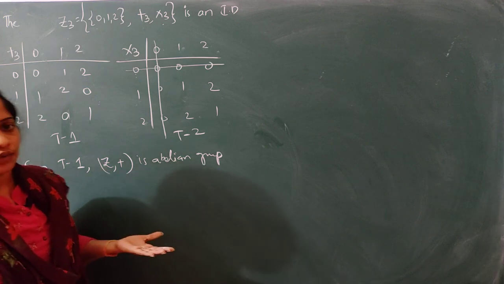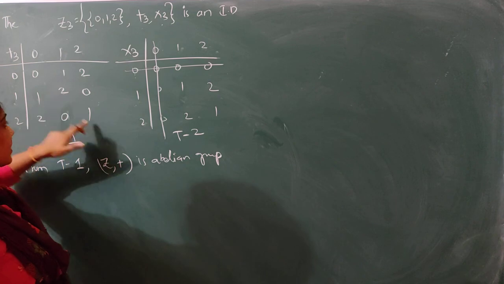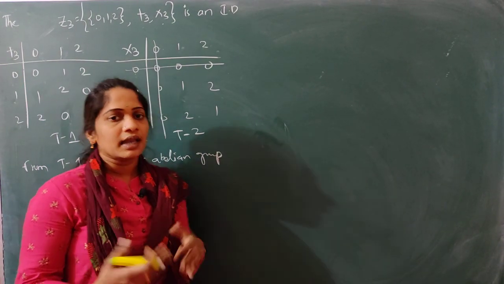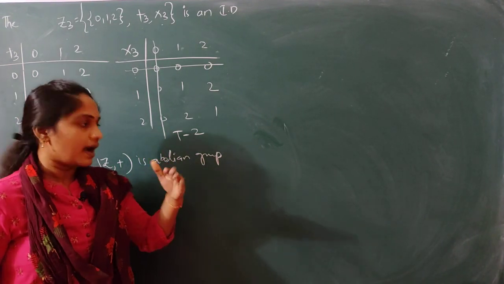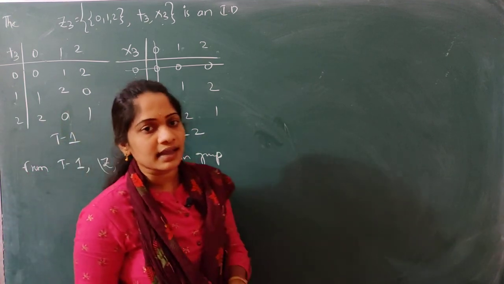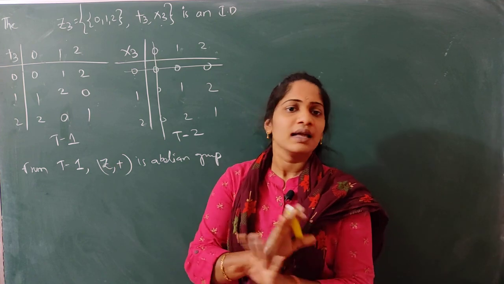And the inverse element also exists for every element here. The next is abelian, that is the commutative property: a plus b equals b plus a. If you take 1 plus 2, under addition modulo 3 it is 0, and 2 plus 1 is the same. So I am saying that Z3 comma plus is an abelian group. In the first table it is a clear picture.